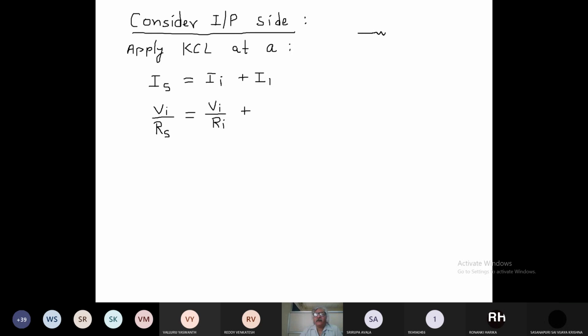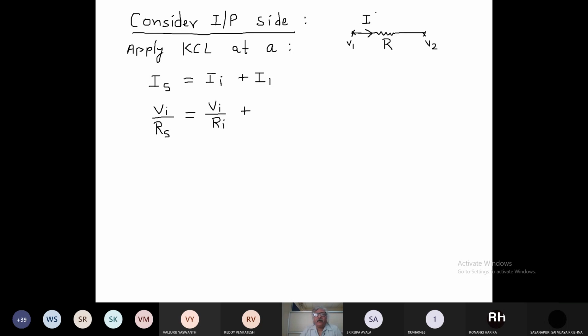Now suppose this is one resistance with some current I flowing through it, and its value is R. Suppose this end is at potential V1 and this end is at potential V2.